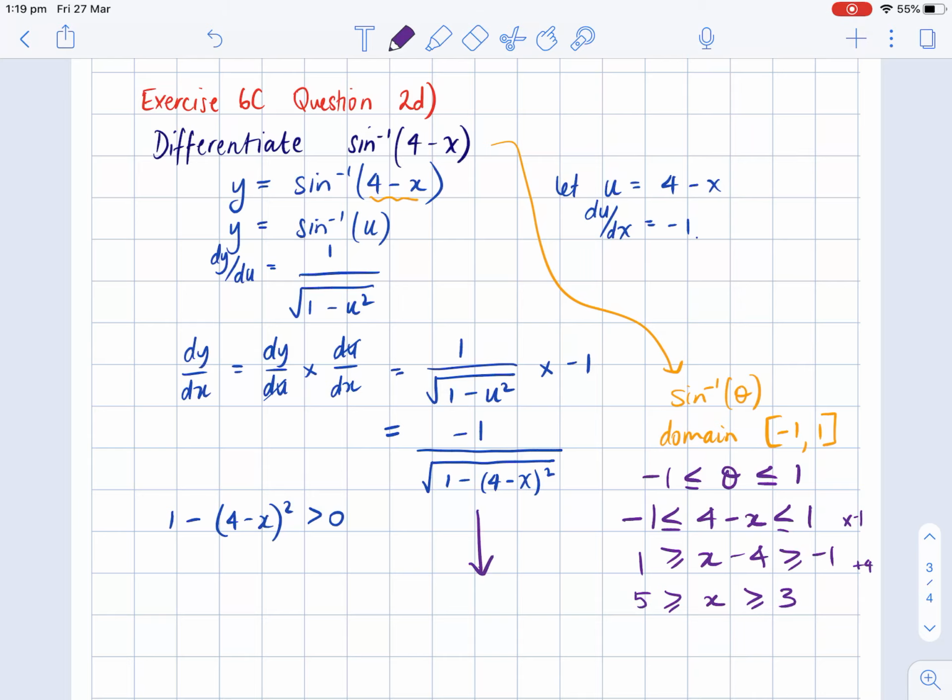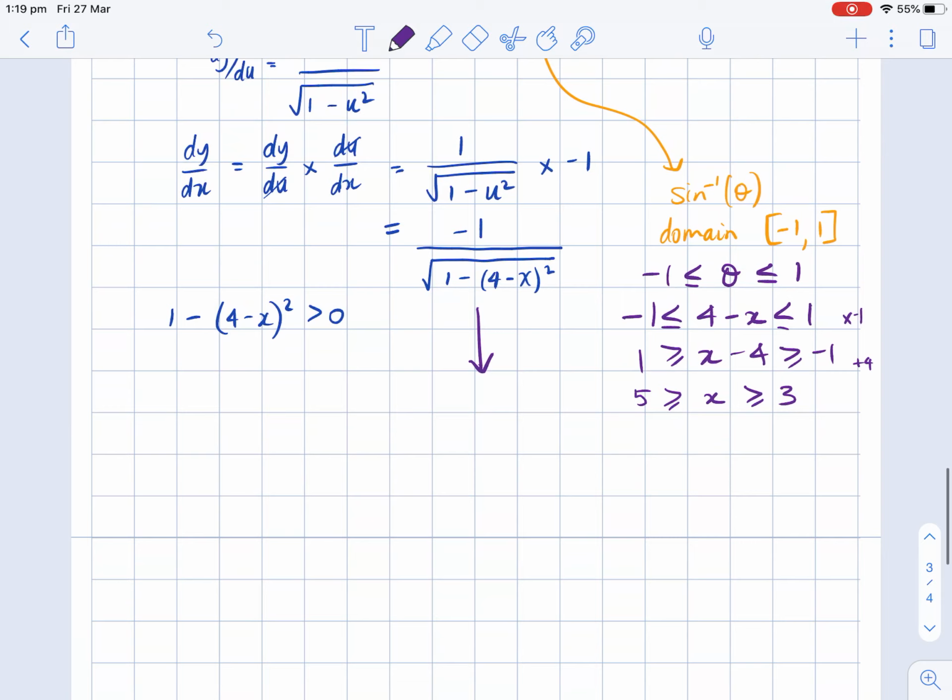So my derivative will exist where x is greater than or equal to 3 and less than or equal to 5.